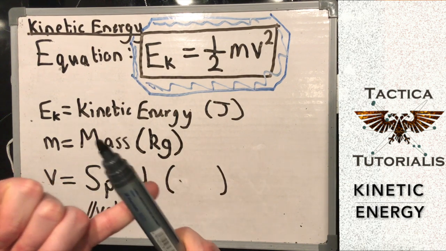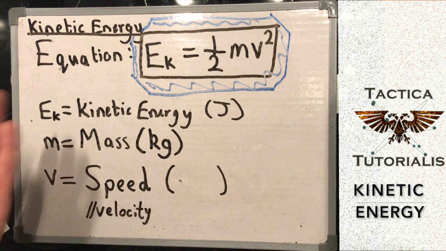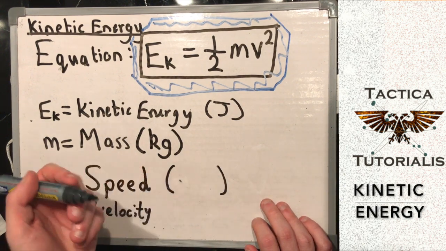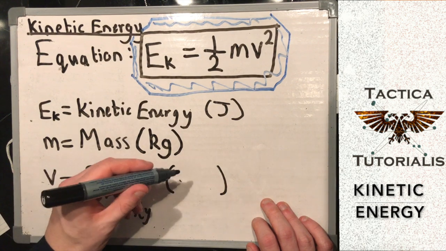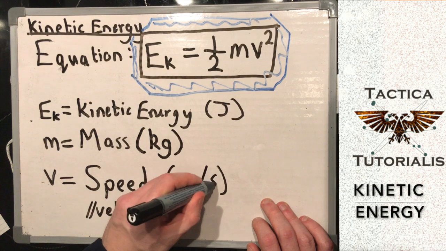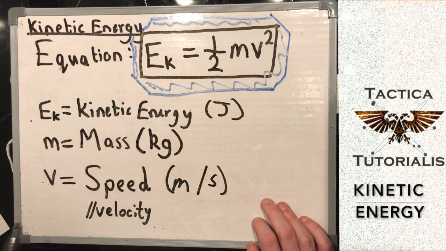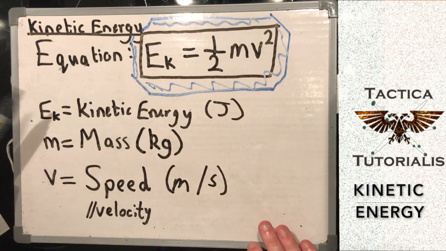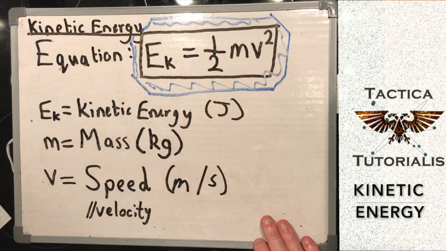So speed is distance per unit time, because miles per hour is distance divided by time. So the unit for speed is simply the two SI units put together, and we call that meters per second. Simple as that. So your equation, EK is a half mv squared, EK is your kinetic energy in joules, m is your mass in kilograms, and v is the speed or the velocity in meters per second.